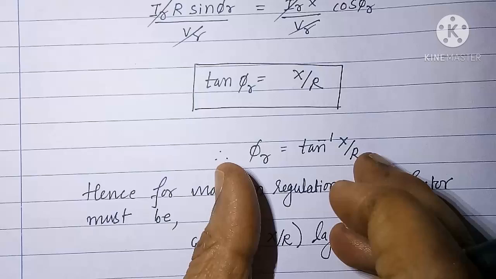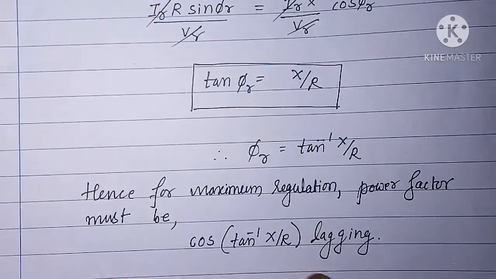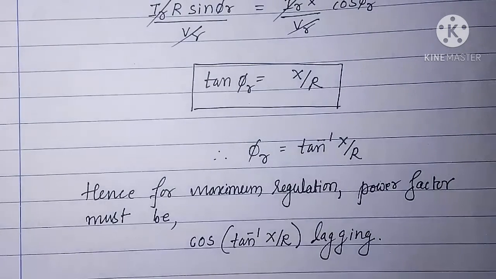This phi r has got positive sign. Therefore, the power factor will be lagging.